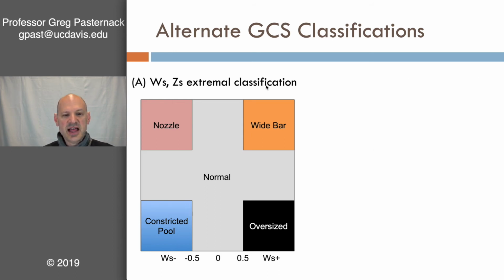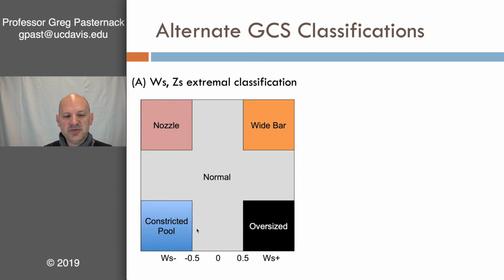In a decision tree classification, we would want to identify normal as having a range of width, which is the x-axis, and I don't know why the numbers aren't here, but the y-axis here would be bed elevation, like detrended standardized bed elevation. So we have to specify a threshold value in units of standard deviation, and then within that range around 0, we're going to call that a normal channel.